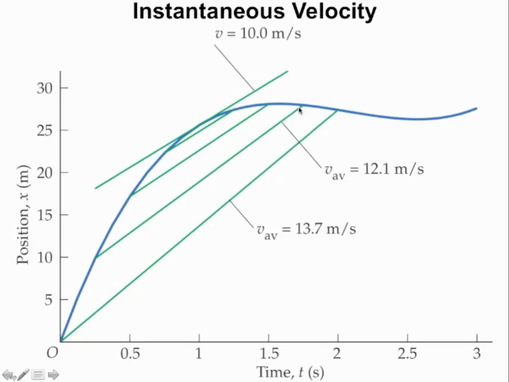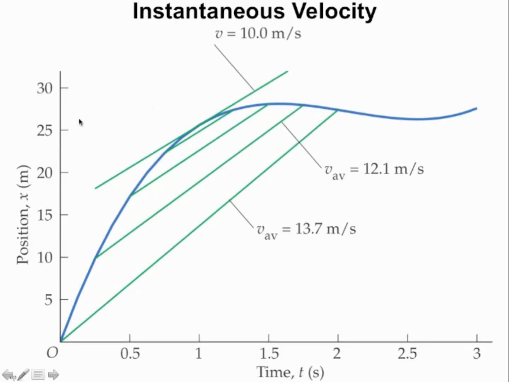Now the next line segment, as you can see, is shorter because we've narrowed the interval. Instead of the interval being 2 seconds long, it goes from about 0.25 seconds to about 1.75 seconds, which is obviously shorter than 2 seconds. We also have a starting position of 10, the starting position of this green line segment, and the ending position is at about 27.5 again.